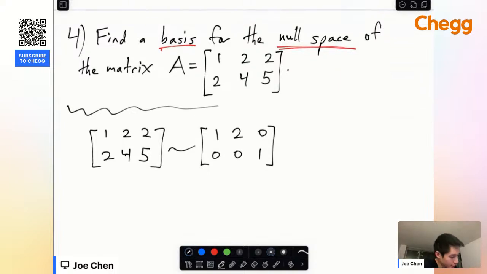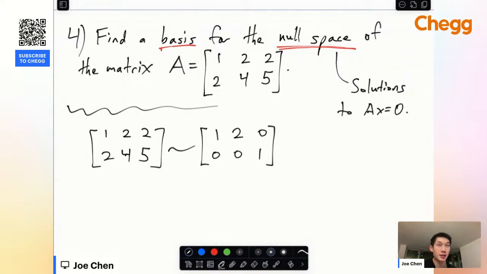All right, so what do we do here? Remember the null space is the solutions to Ax equals 0. Actually, that's worth writing down. Solutions to Ax equals 0.